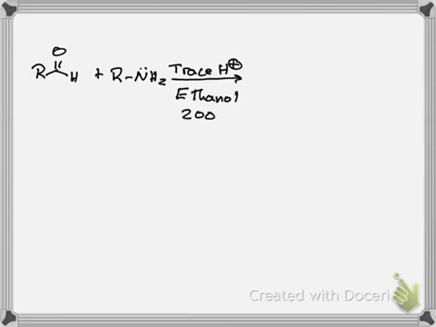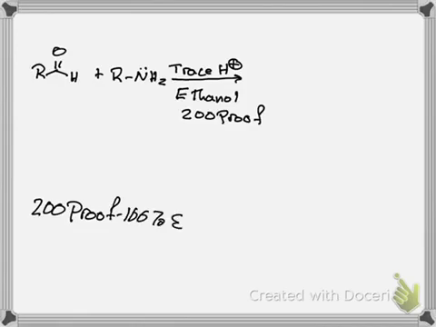specifically 200 proof. Now, for those of you who don't know what the proofing is on alcohol, either you're not a big fan of prohibition or you're not an alcoholic. So what 200 proof means is 100% ethanol, 0% water.